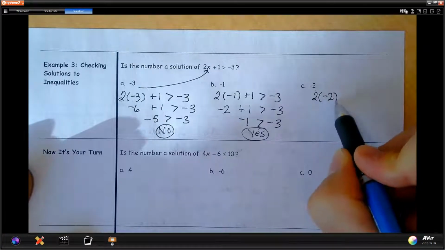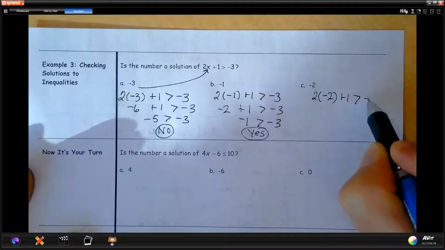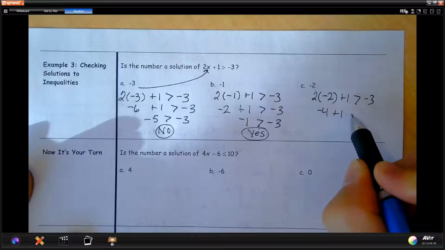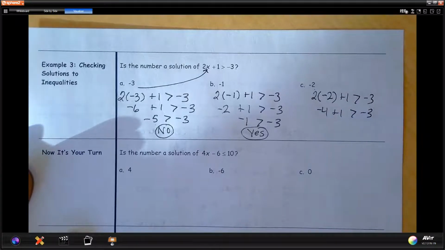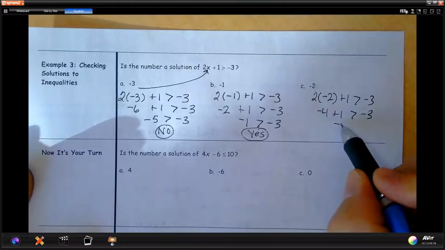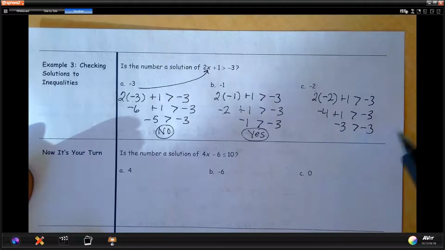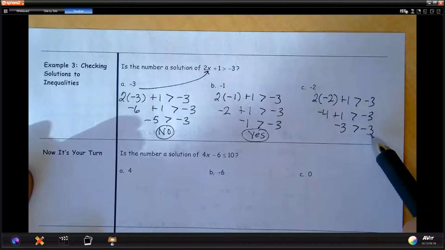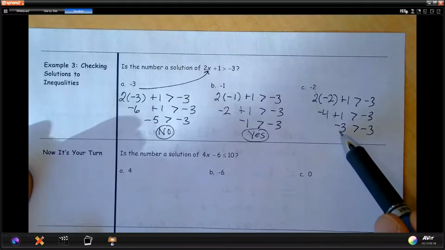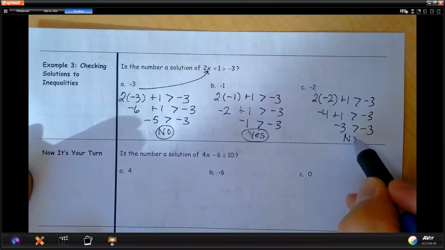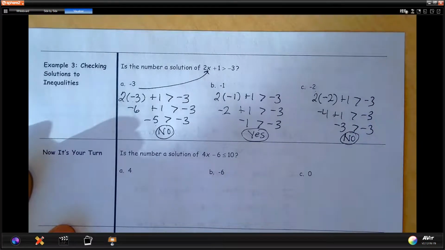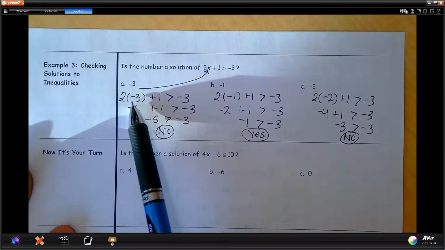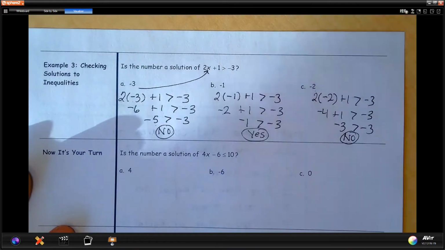Replace the x with -2. 2 times -2 is -4. -4 plus 1 is -3. Ooh, tricky one. Is -3 greater than -3? No, they're equal, but -3 isn't greater, so this is also no. All right, that is an example of how you check a number to see if it's a solution of an inequality.